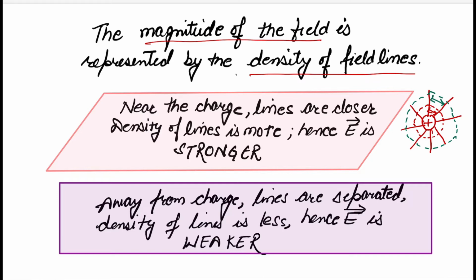So near the charge, the lines are closer, so density of lines is more, hence the electric field is stronger. As you move away from the charge, the lines are separated by a large distance. As we have drawn in green color, density of lines is less. Then it means that away from the charge, the electric field is weaker.